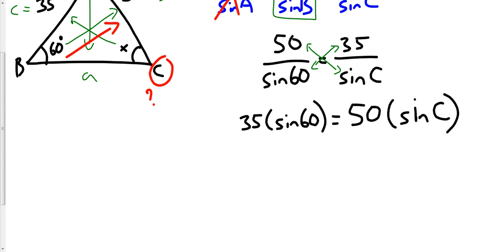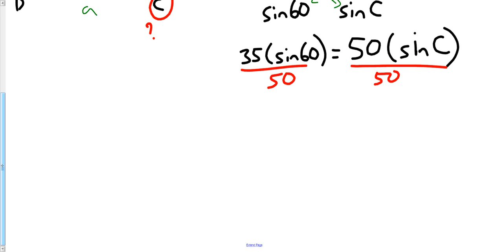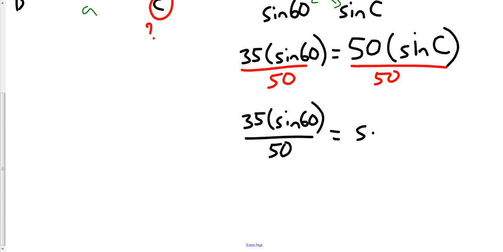Because I want to get rid of this times 50 on the right-hand side, I need to divide both sides by 50. So what this leaves me with then is 35 times sine 60 all divided by 50, which is equal to sine C.